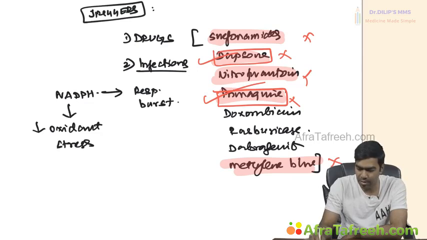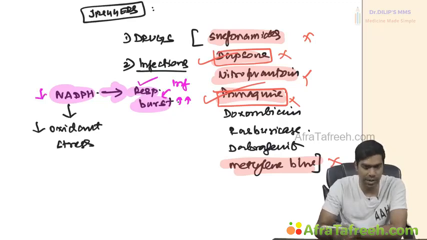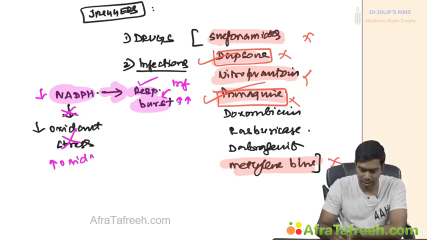During infection, the respiratory burst increases, and a lot of NADPH is shunted to respiratory burst, and already NADPH is reduced, so little is available for tackling the oxidant stress. That is why oxidant stress will increase during infections.